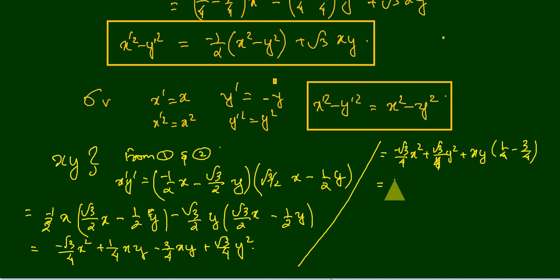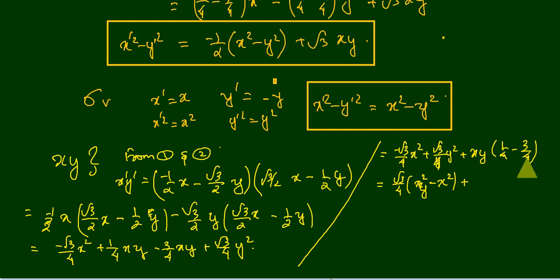That is equal to minus root 3 by 4 x square, root 3 by 4 into y square minus x square, plus xy into minus half.